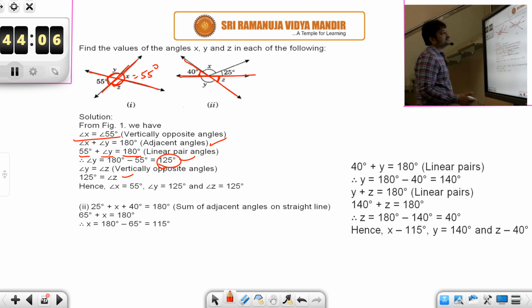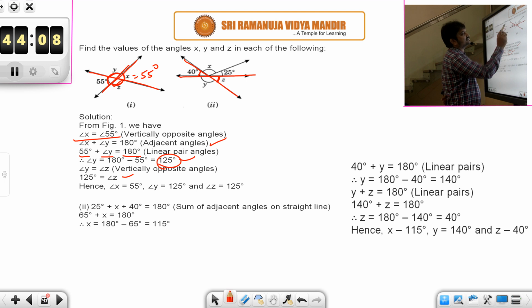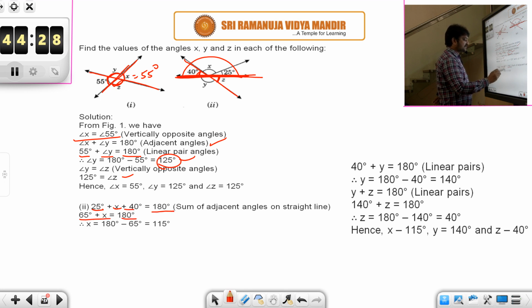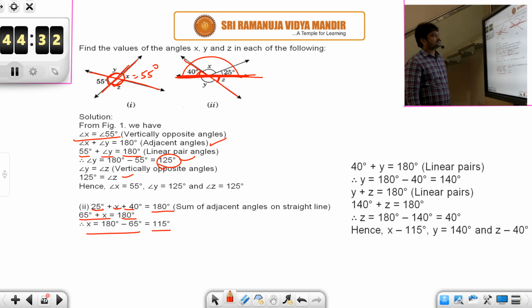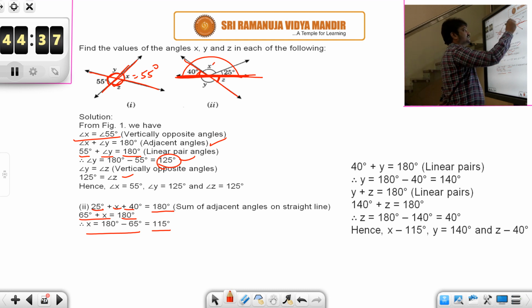And then if you look at this entire thing, this is a straight angle, because it is a straight line, so the sum of all these angles will be 180. So 25 degrees plus x plus 40 will be 180. So from this equation, 65 plus x is 180 and x will be 180 minus 65, which is 115 degrees. Okay. So x is 115 degrees.